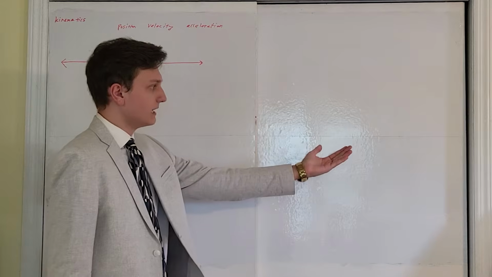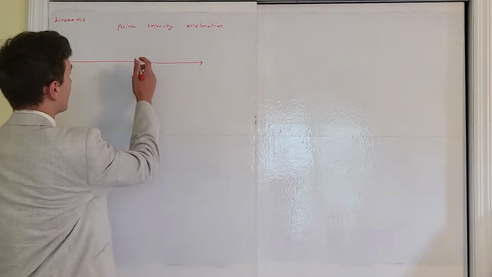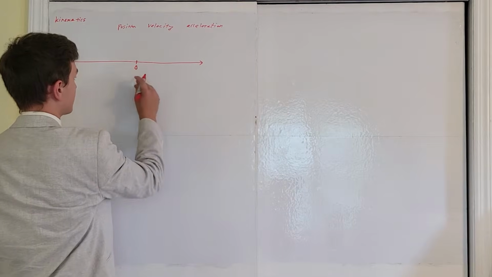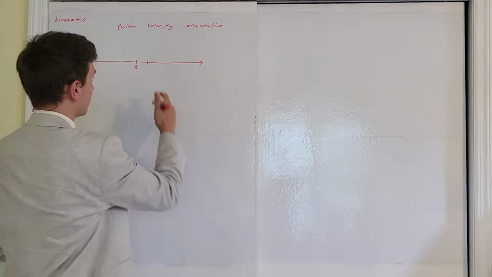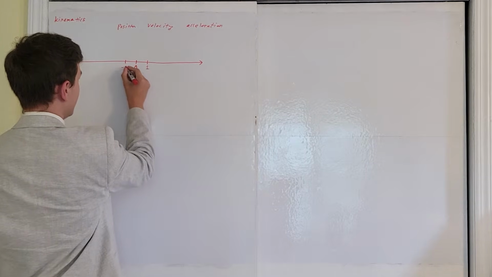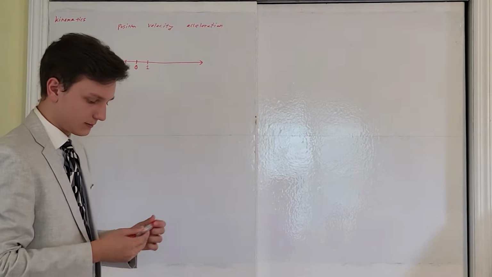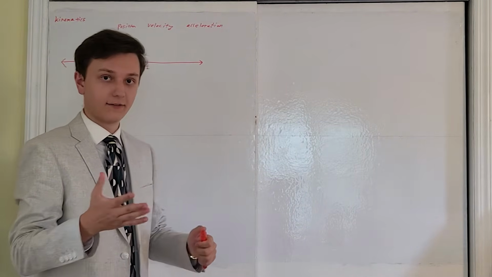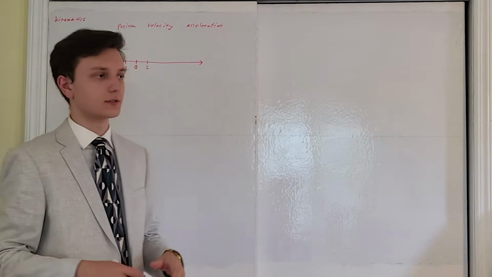I am 1 meter behind my origin, which would, if I draw it out on the one-dimensional axis, if I put 0 here, 1 meter to the right, or 1 meter forward, would be at +1, and 1 meter backward would be at position -1. And you're going to see that that is important because sometimes it's going to be advantageous for you to define 0 at a certain point rather than others.